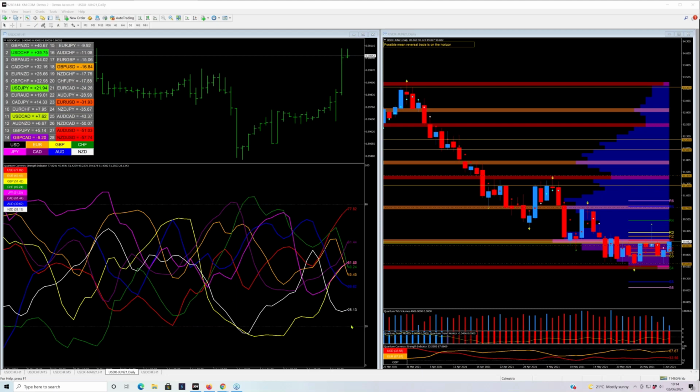These are individual currencies, and the thing that really stands out at the moment and complements what's happening on the Dixie is that we can see some pretty decent buying of the US dollar, which is this red line. We've also had some buying in the British pound. The British pound took a bit of a tumble yesterday, which I wrote about on my blog.